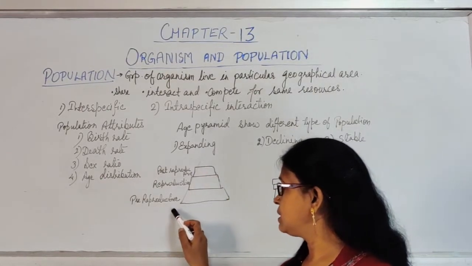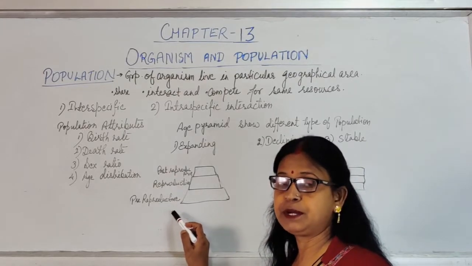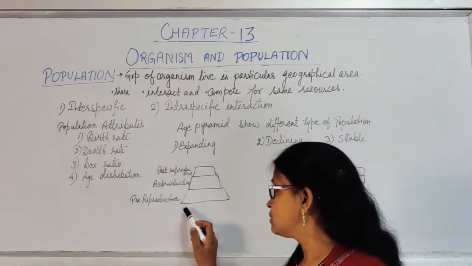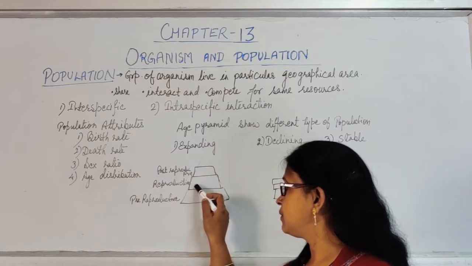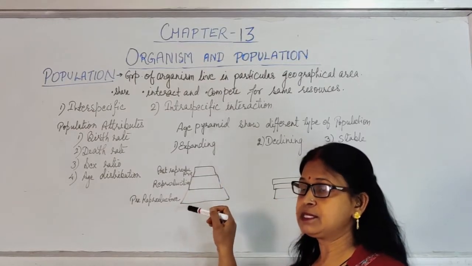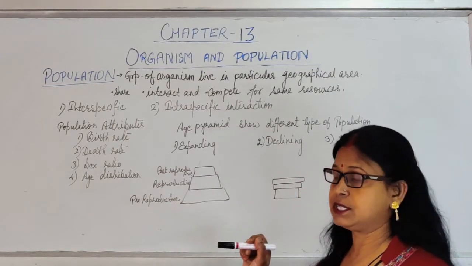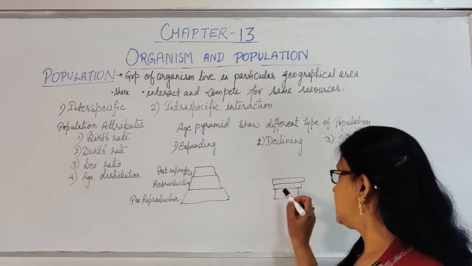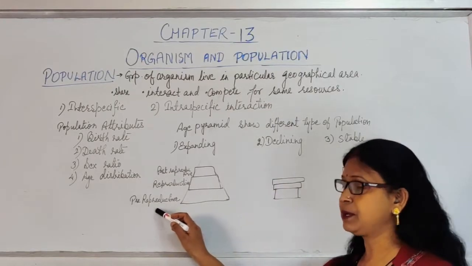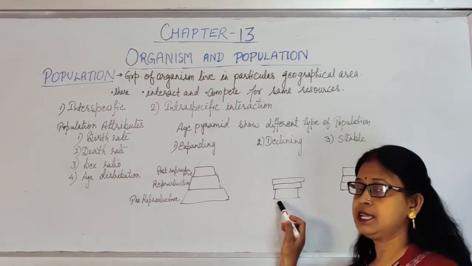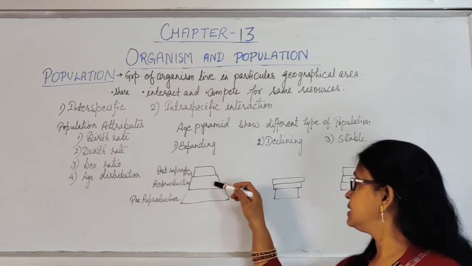In an expanding population, the number of individuals in the pre-reproductive phase is more than in the reproductive and post-reproductive phases. That means in future it will be an expanding, increasing type of population. Next is declining, in which the number of individuals in the pre-reproductive phase is less than the other two.